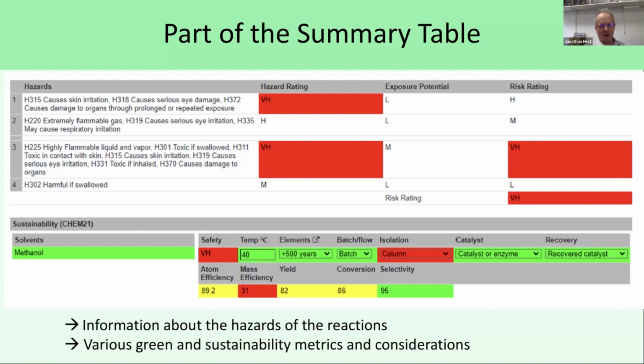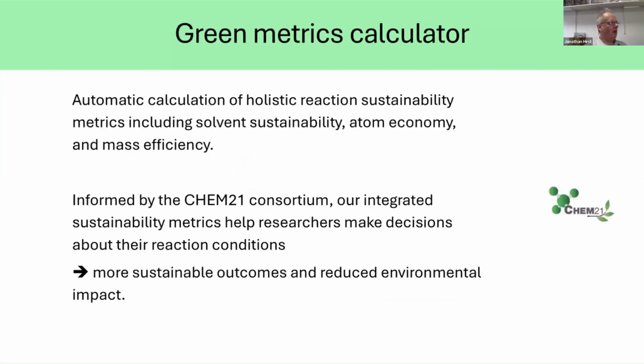And we see various components there around safety, temperature, whether the elements are rare or common, the types of chemistry, the isolation method, whether a catalyst is being used, and so forth. So these metrics are calculated automatically and have come out of a consortium from a few years ago called Chem21 that provided a consensus assignment to different solvents, for example.